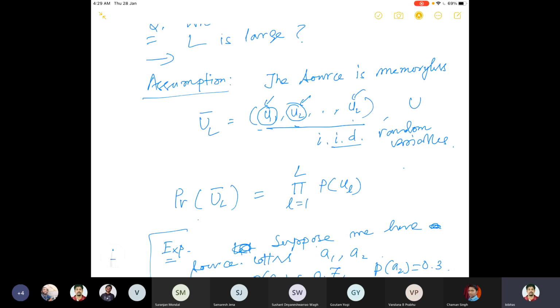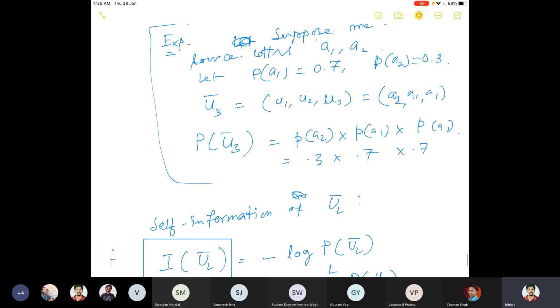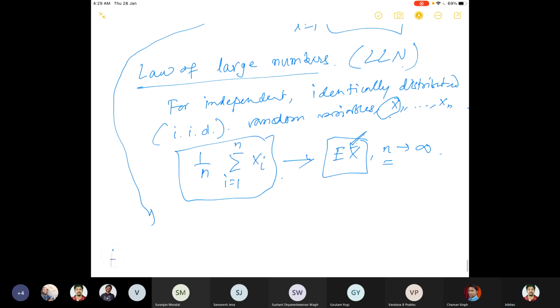Now what the law of large numbers is saying is that the average value, which is also called the sample mean, the left hand side, is called a sample because we are taking n samples of X, and this is the mean. So the sample mean always converges to the expectation of the random variable when n is very, very large.